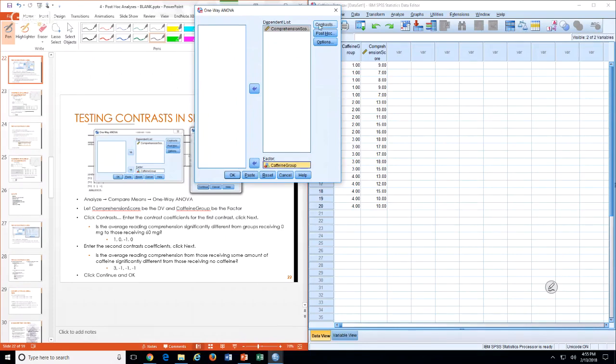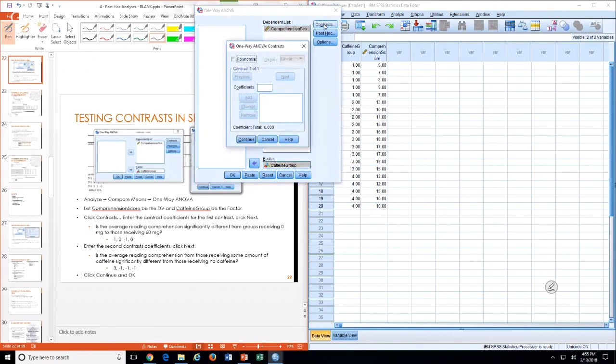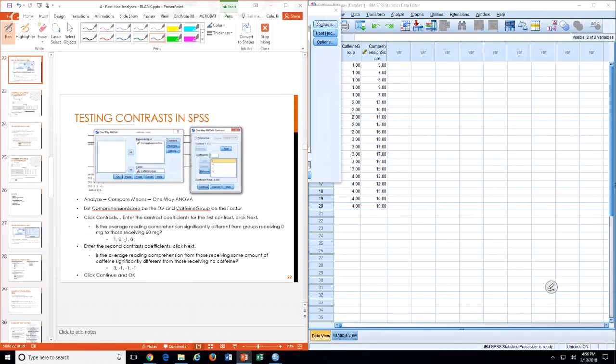And then notice that we have this option of contrast. So that's where we're going to put in our contrast coefficients. I just want you to do those first 2 that we did together. So is the average reading comprehension different between the 0 and the 60 group? Our coefficients were 1, 0, -1, and 0.